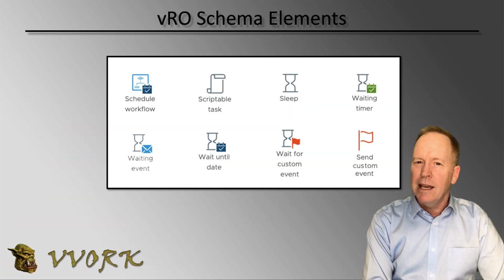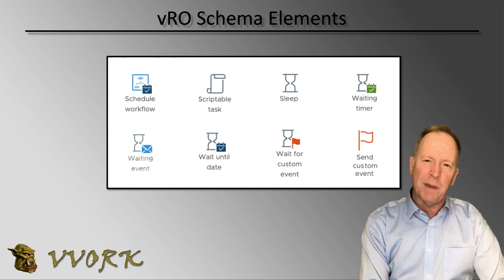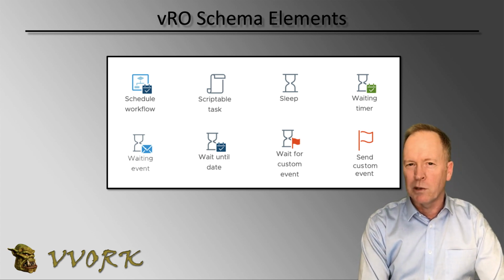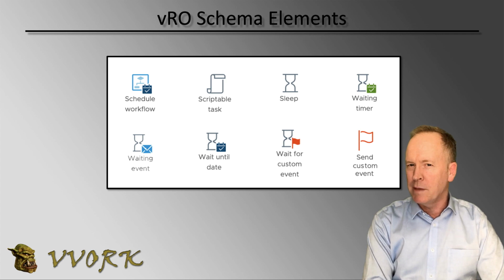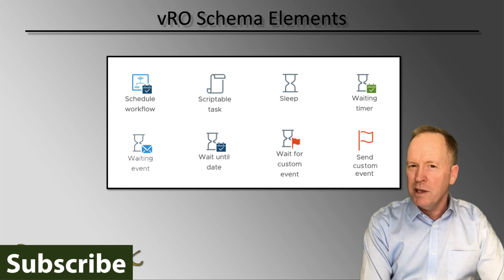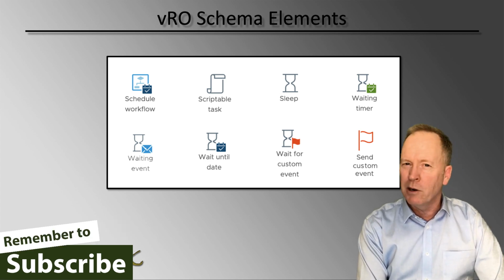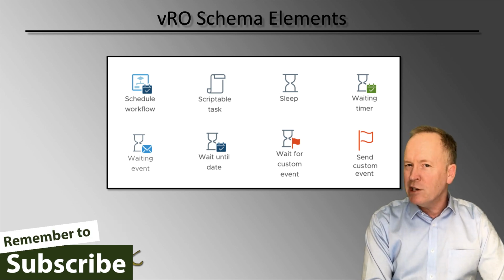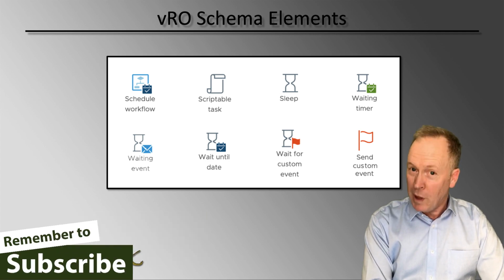As you can see, there are a number of different schema elements that you can use in vRealize Orchestrator to perform scheduling, sleeping, and waiting. If you look really closely on this slide, you'll notice that all the schema elements I'm showing you are actually from the HTML5 VRO client.